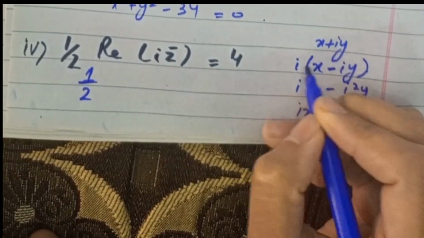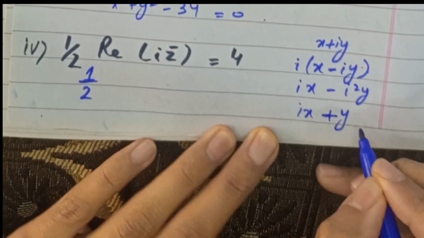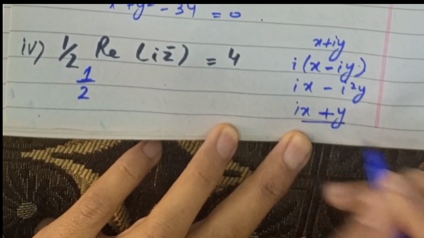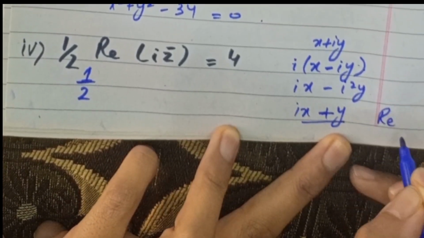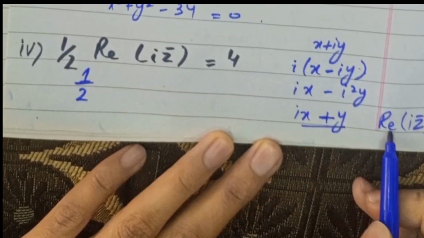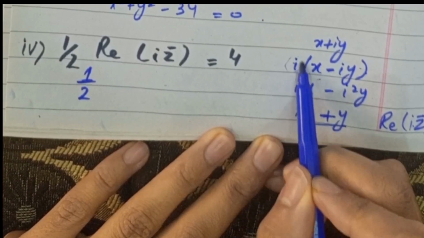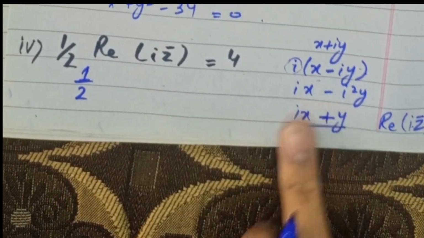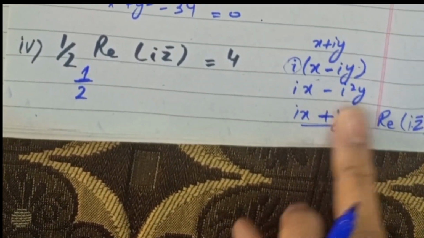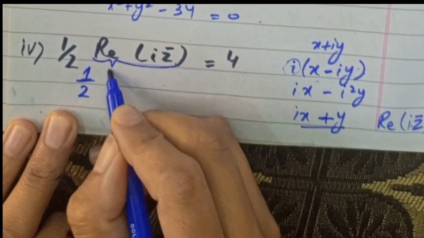Now if we want the real part of this, that will be y. y will be considered as the real part of iota z bar, because this is z bar and this is multiplied with iota. When we solved it, y is the real part. So here, instead of all this, we will write y.